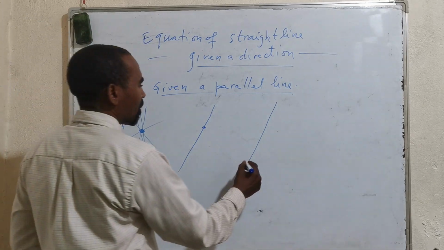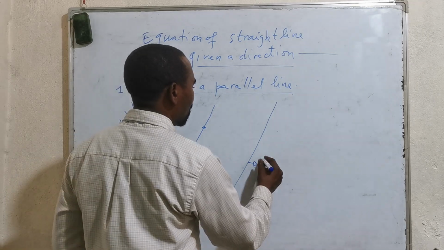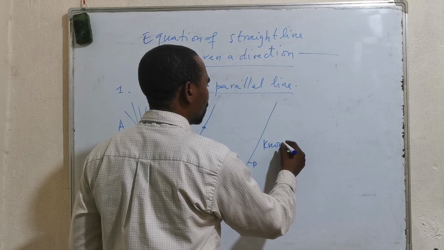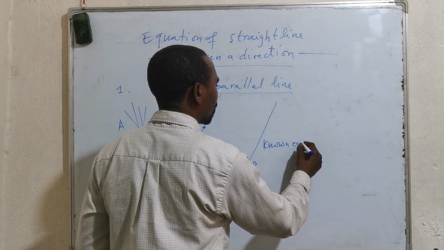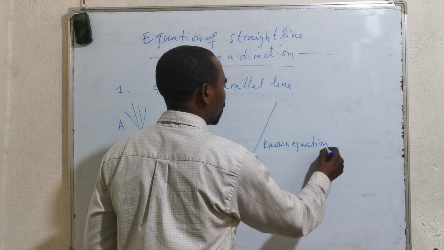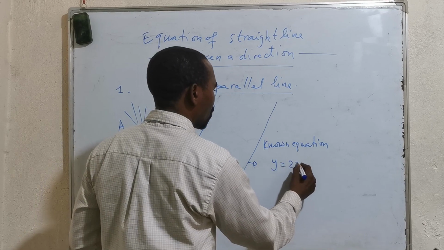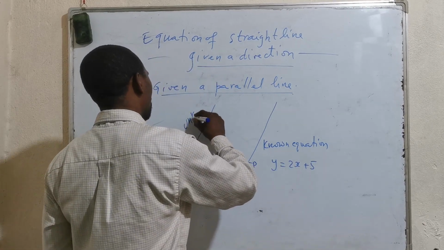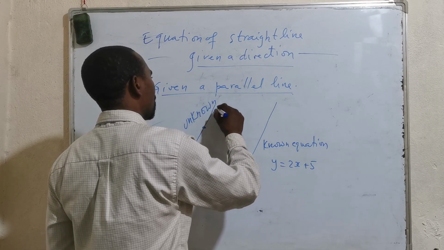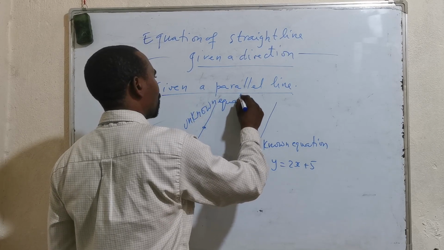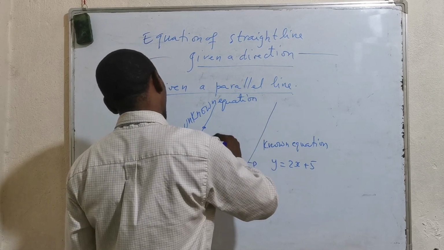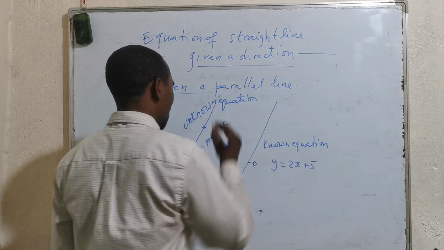Now, this given direction has a certain equation. It is a known equation. Let's take, for example, y = 2x + 5. We don't know the equation of the new line. We start by considering the general form y = mx + c.